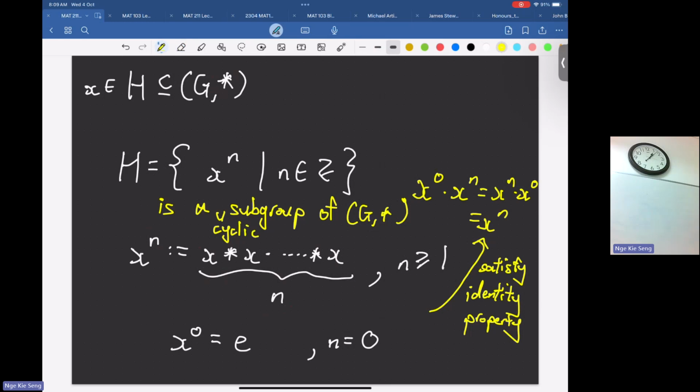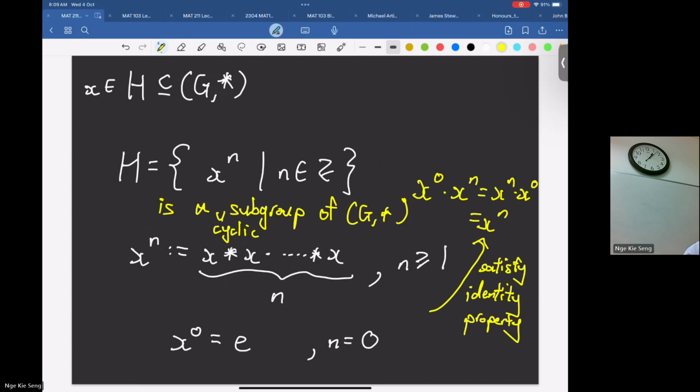You know what a cycle is like: you keep composing the same thing, you have a cycle, cyclic. So it's called a cyclic subgroup.